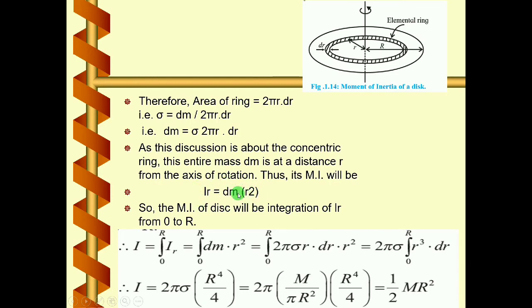So applying the definition, suppose I write the moment of inertia of this concentric ring as IR, it will be equal to dm r square.